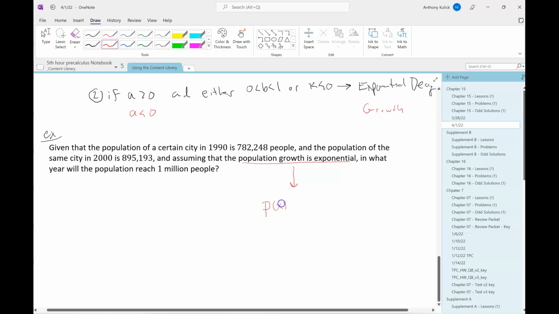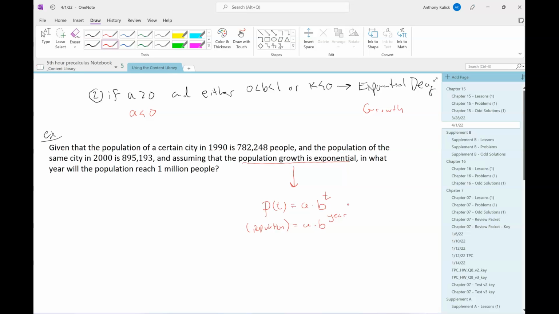So I would say, okay, I'm going to use a model like this, where the population is my dependent variable, and the year is my independent variable.